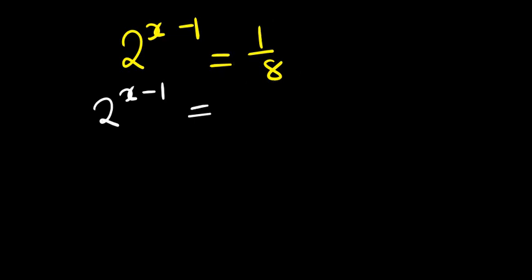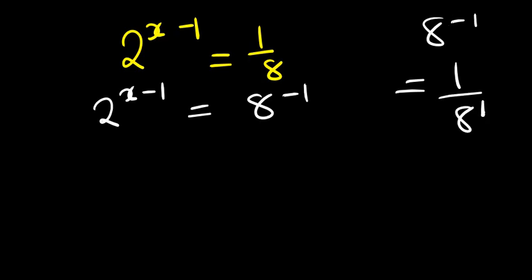You know that before it became 1 over 8, the 1 we said is the same as a negative, right? So this is just the same as 8 to the power negative 1, okay? So if it was 8 to the power negative 1, the negative becomes a 1 over 8 to the power 1, like we've always been doing. 8 to the power 1 is just the same as 8. So that is what we have there.